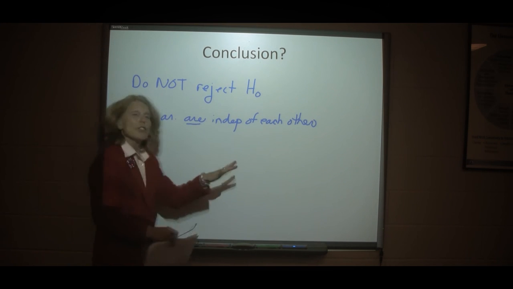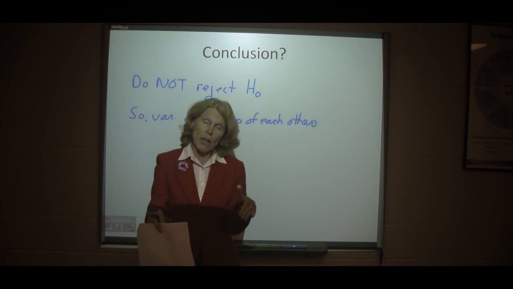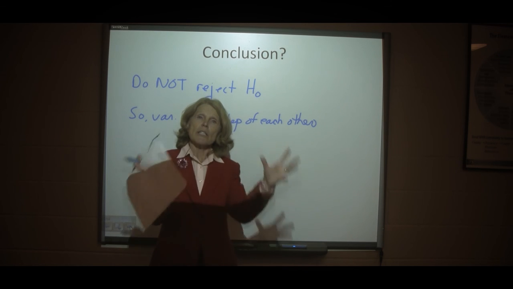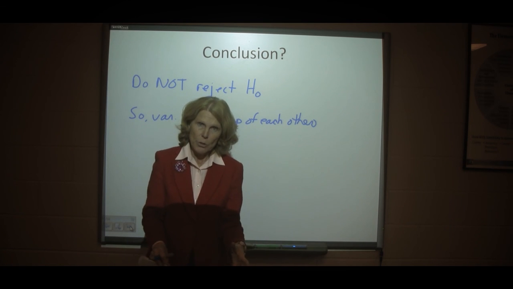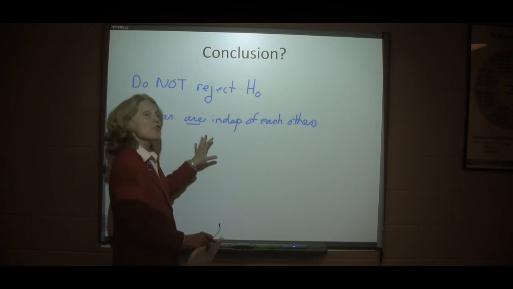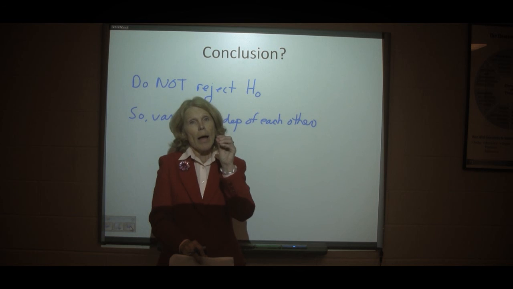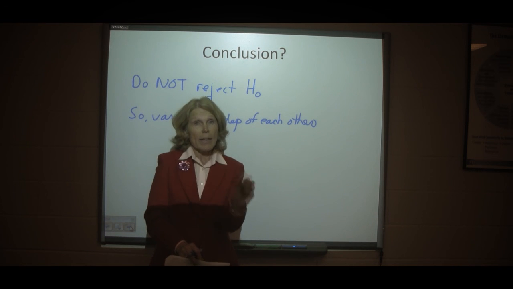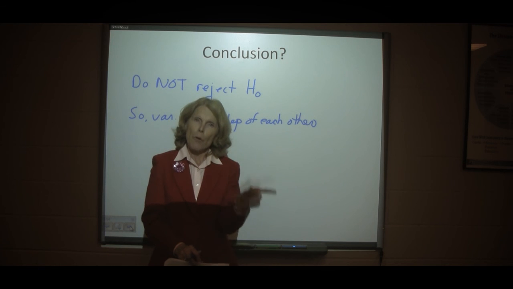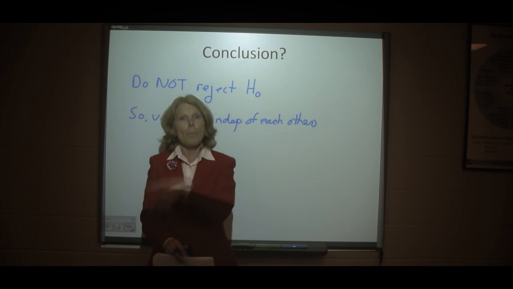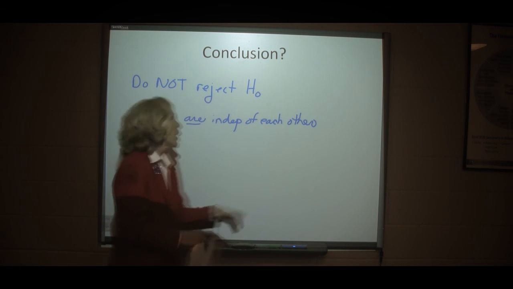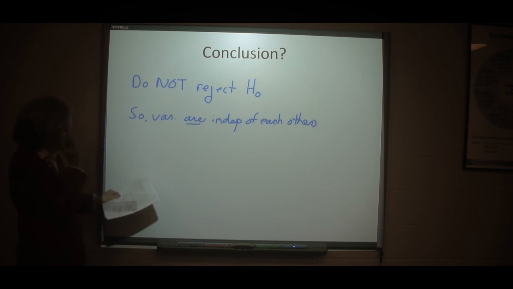But our conclusion is that these are independent of each other. So you could market to the entire population of students. Whereas if we had rejected this null hypothesis, we would say, okay, the number of meals and the class are dependent, and you might market for freshmen and have different marketing for seniors, juniors, sophomores.